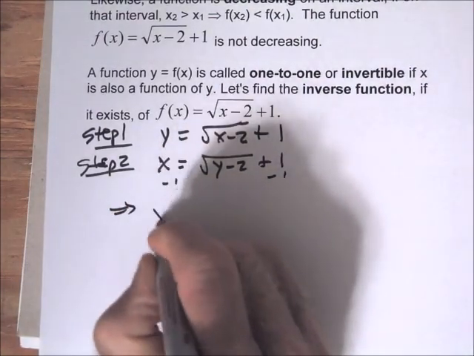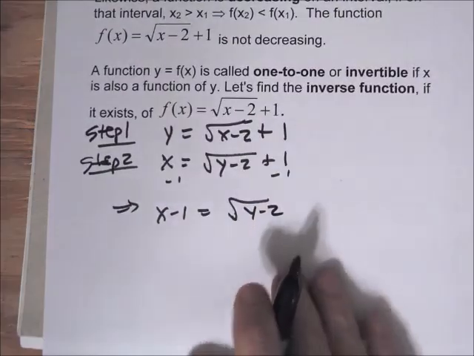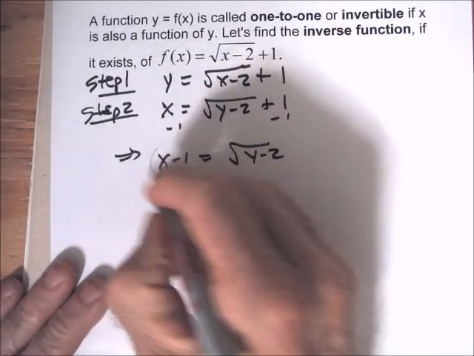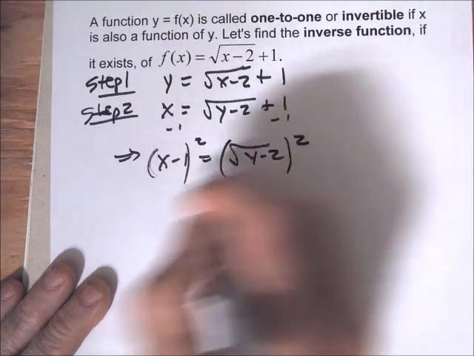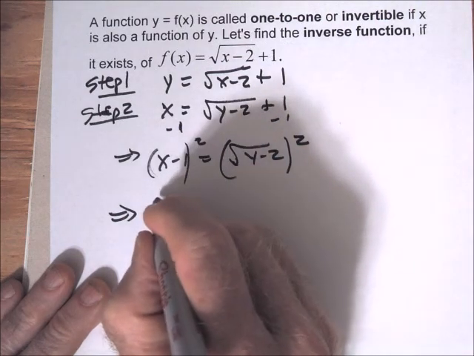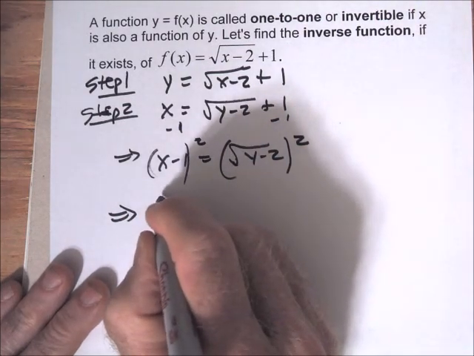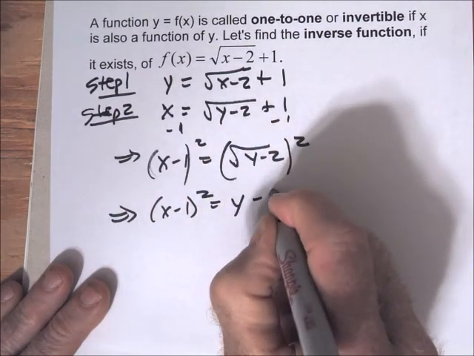So we'll have x minus 1 equals square root of y minus 2. And then we can square both sides. So if we square both sides, the square and the square root cancel, and we'll have x minus 1 squared is equal to y minus 2.